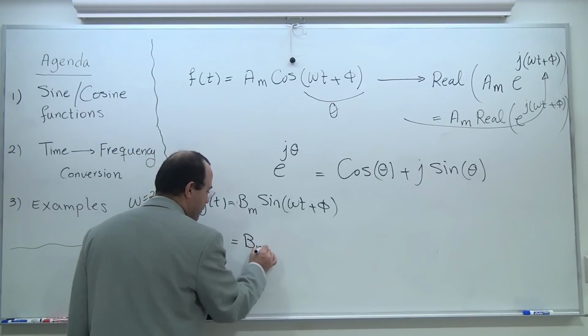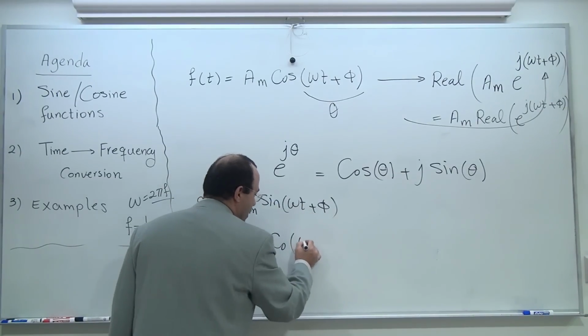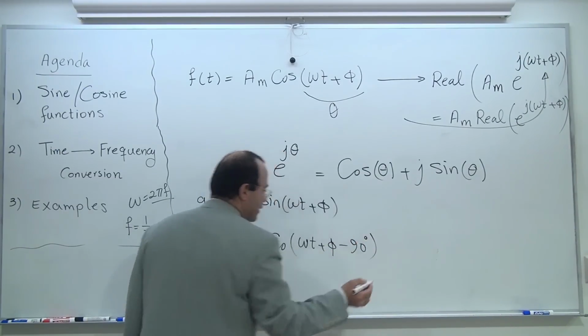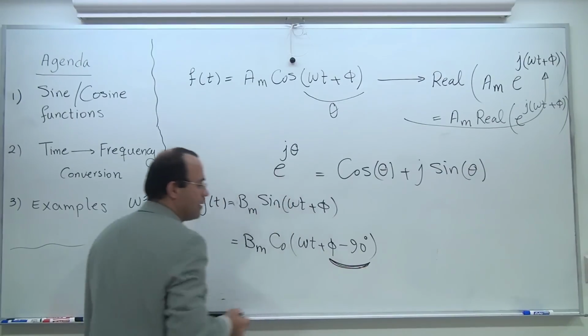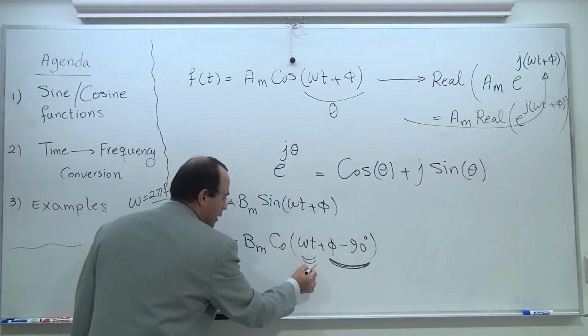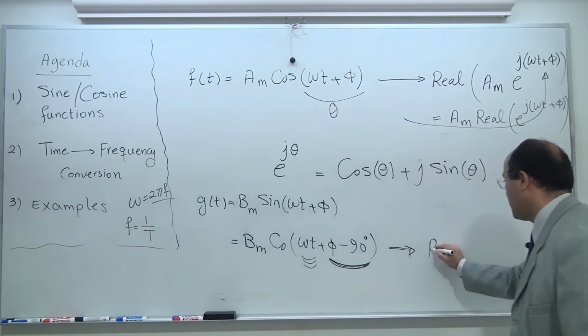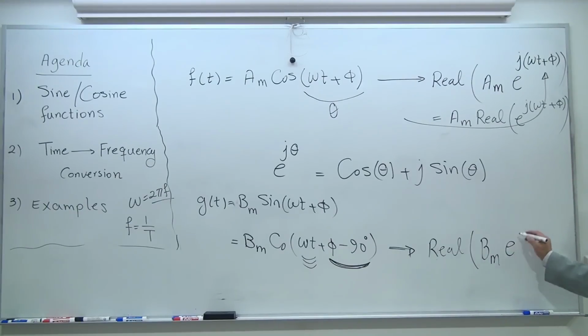So this is Bm cosine, this is my theta, so it's going to be omega t plus phi minus 90 degrees. That's going to give me a new phi, and this is going to be my time varying component. And now I can take this to the frequency domain. It's the real part of Bm e to the power of j omega t plus phi minus 90 degrees. So far so good?